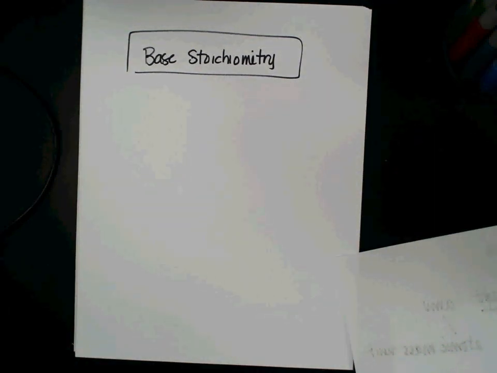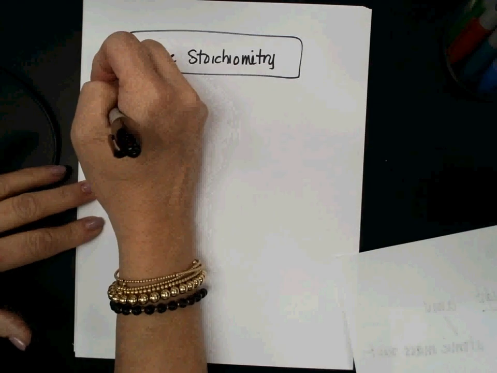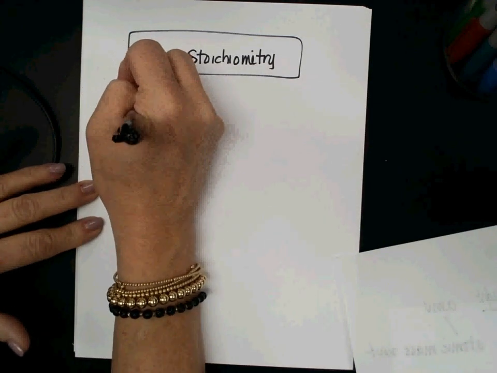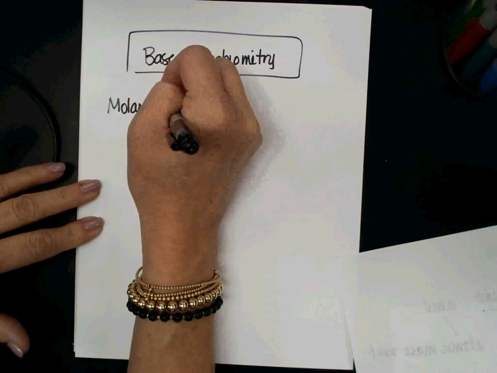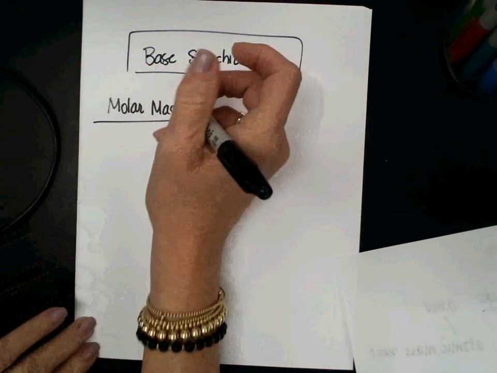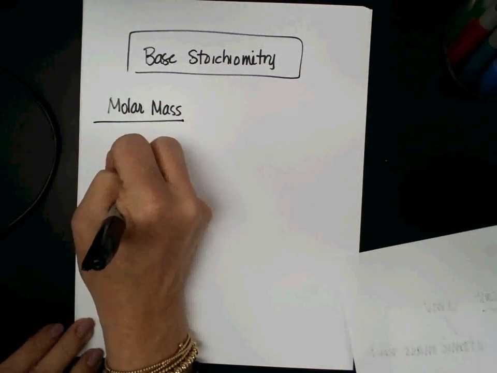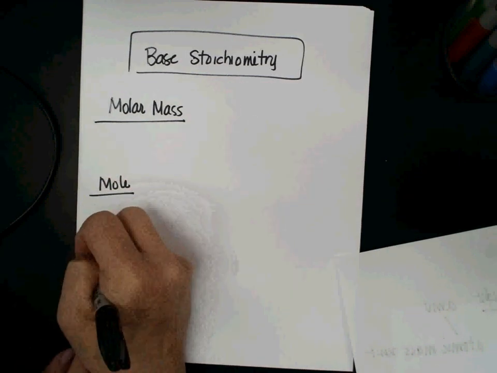We've already done all that. Okay, so before we get into base stoichiometry, I have three terms, and I want to see what you can tell me about them. Molar mass, the mole, and Avogadro's number.